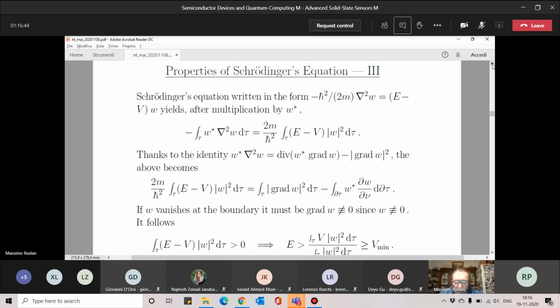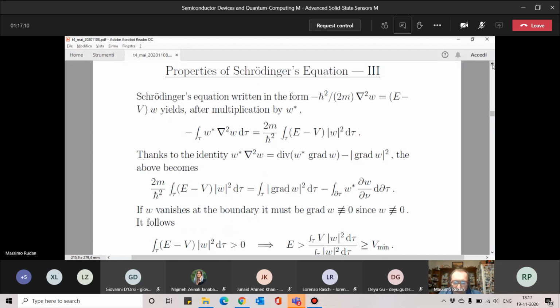But you remember that the integral of the divergence over a volume by the Gauss theorem can be manipulated and becomes the integral over the surface of the volume of the normal derivative of the argument of the divergence.